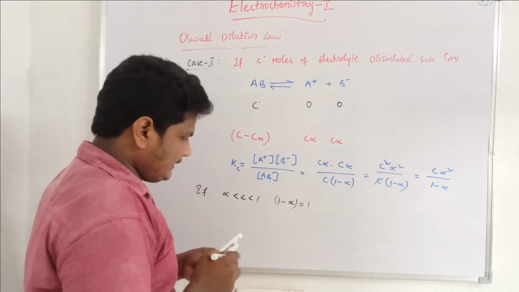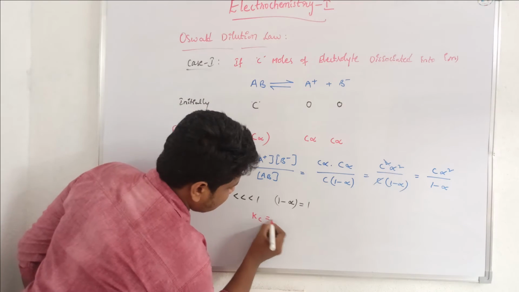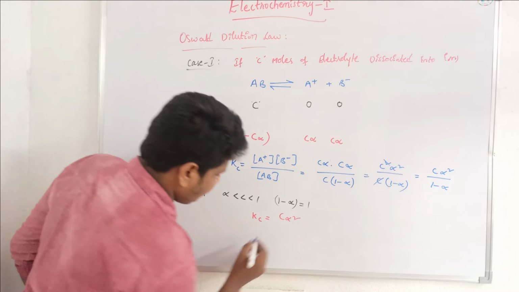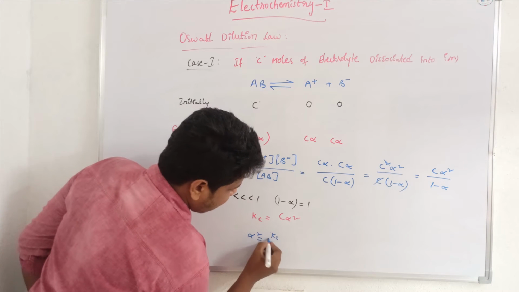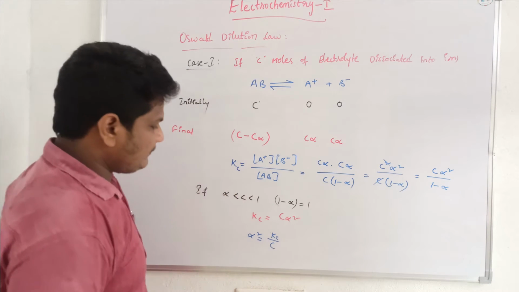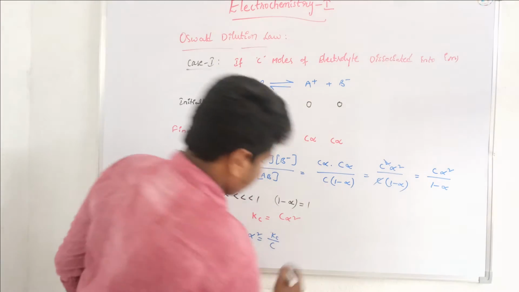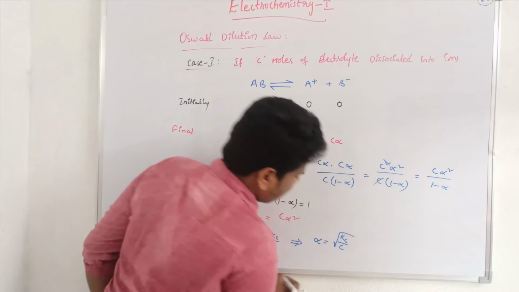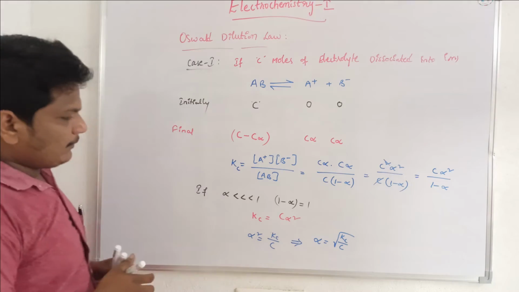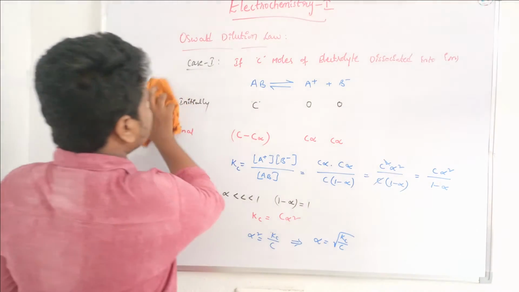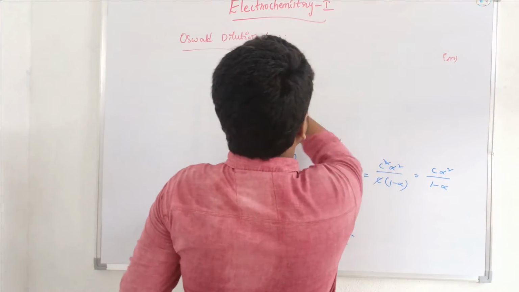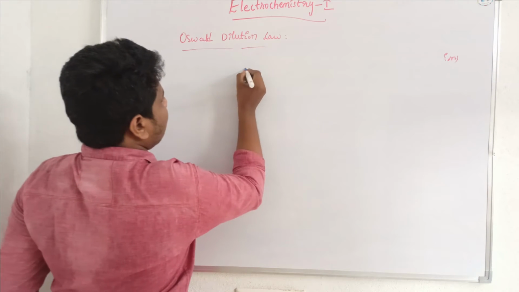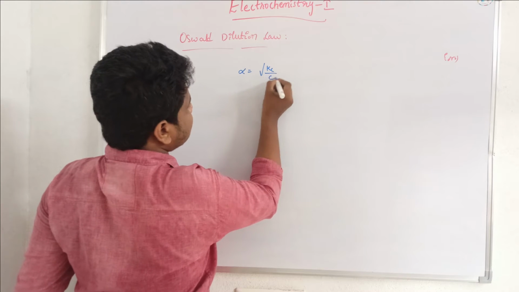In that case, Kc is equal to C alpha square, where alpha square is equal to Kc by C. So alpha is equal to the root of Kc by C.